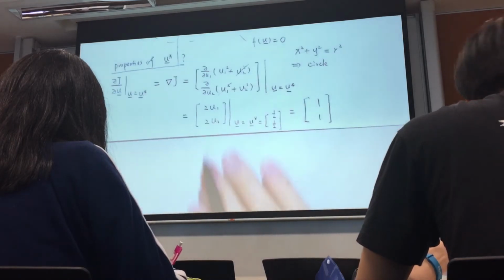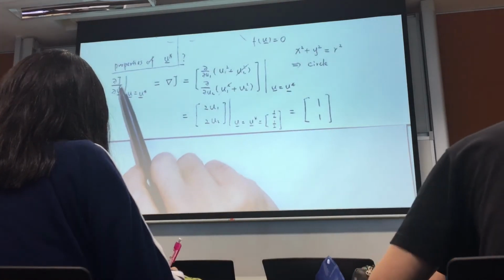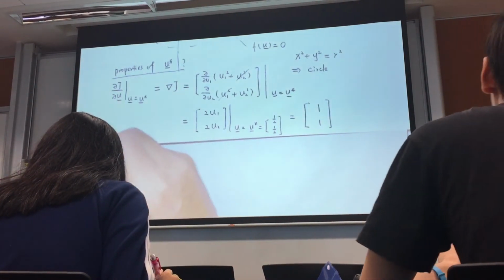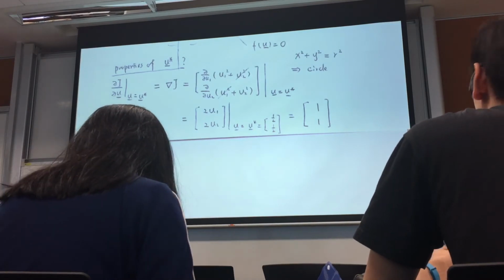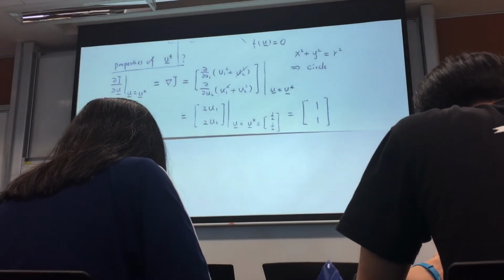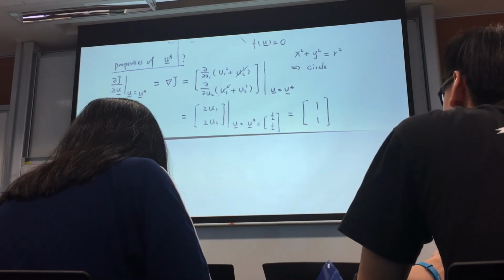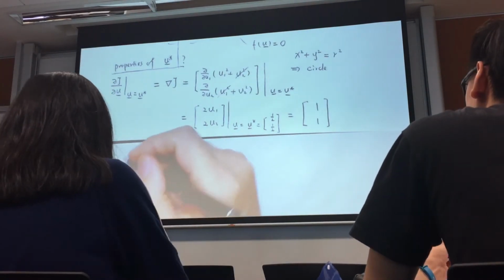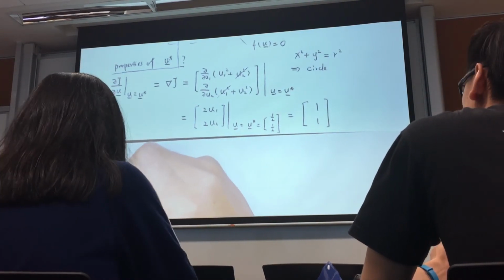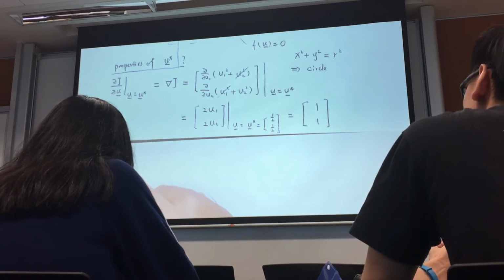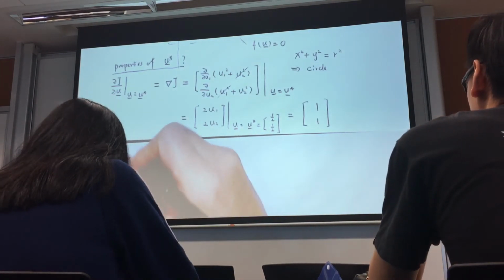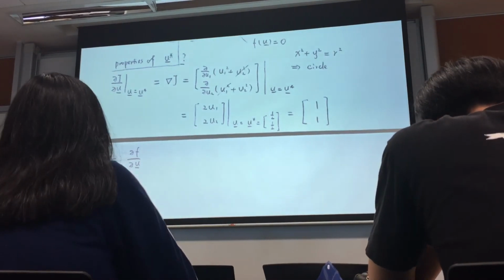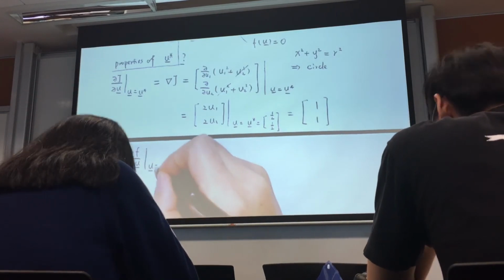So this is the derivative of the cost function by the control input. What about the derivative of f? We use delta f to mean the gradient of f. The gradient of f is defined by df/du for u equal to u star.